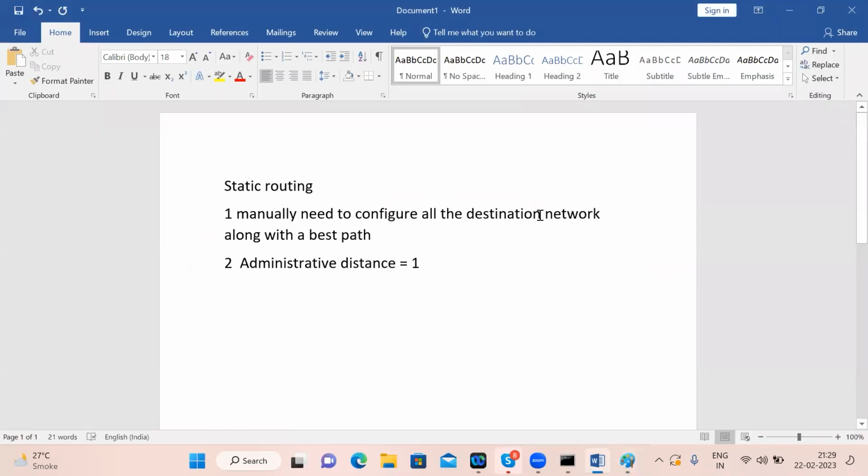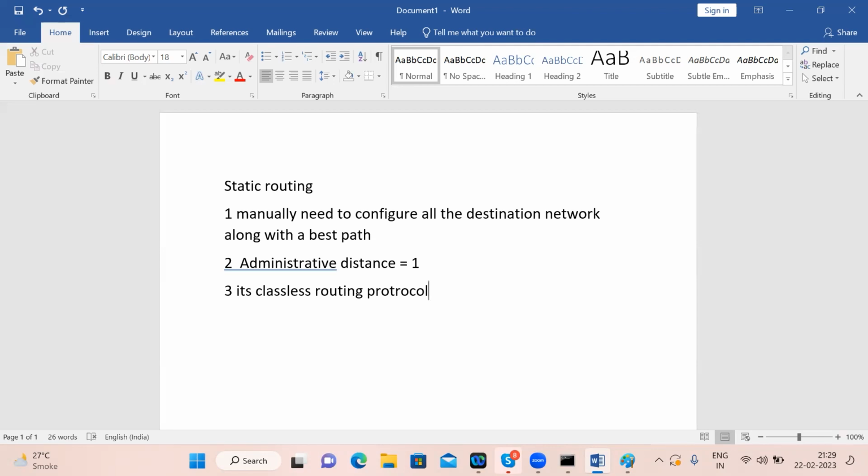Now the next point is whether it is a classless or a classful protocol. The behavior of this routing protocol is classless or classful. I think classful, sir. Classless routing protocol. What exactly?